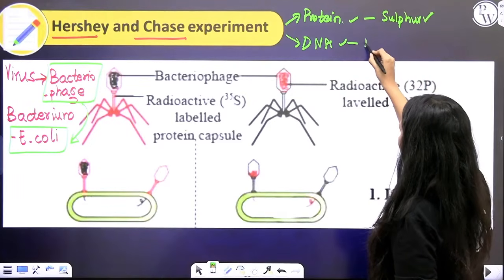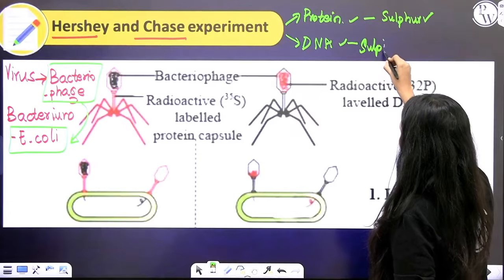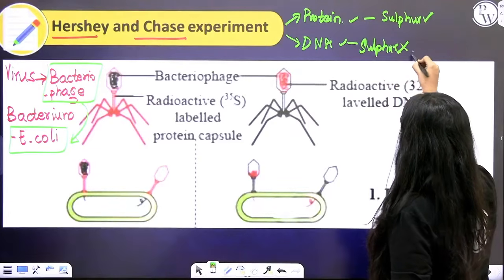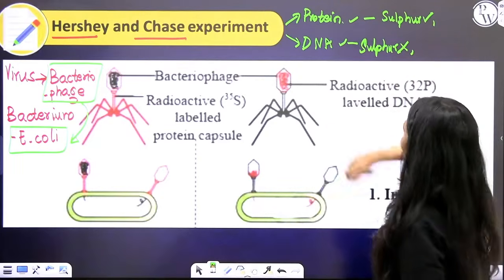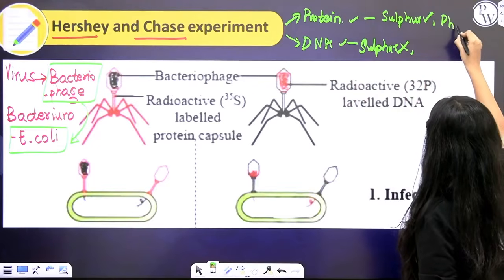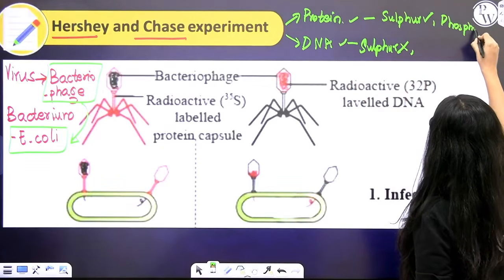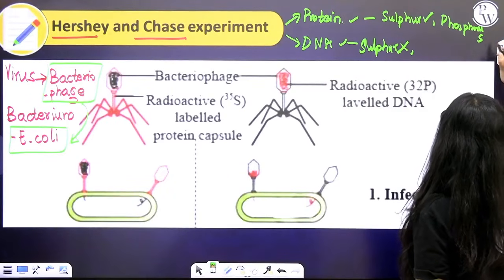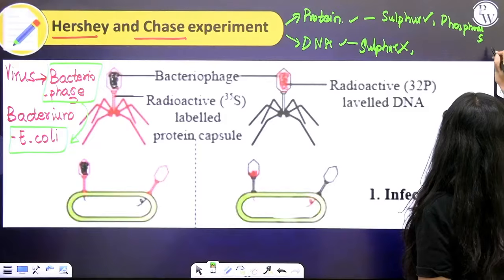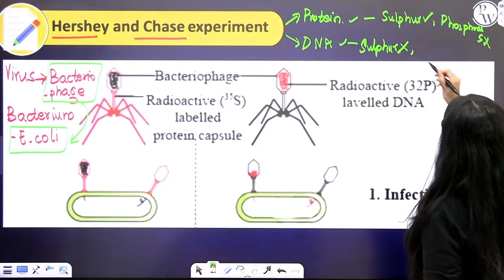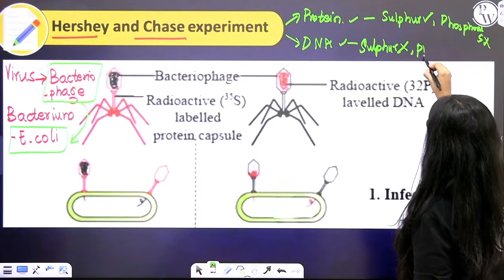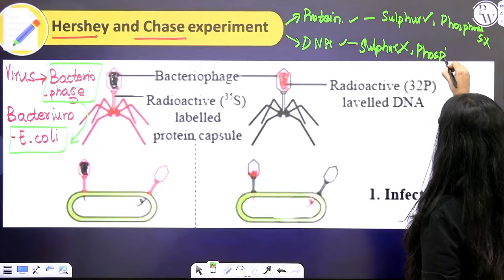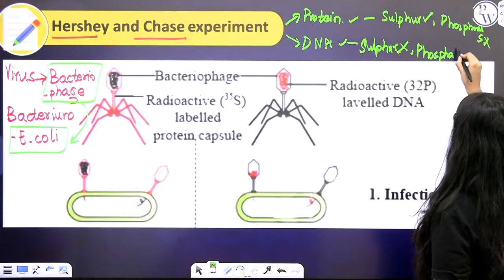In DNA, there is no sulfur. In proteins, you do not find phosphorus. In DNA, phosphorus is present, in the phosphate group.